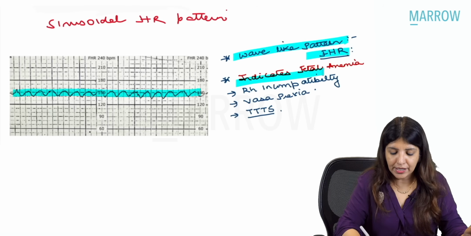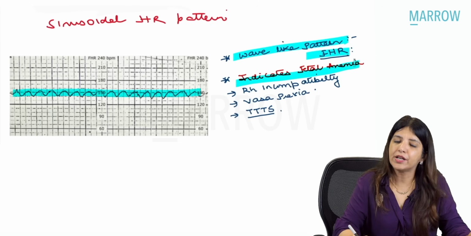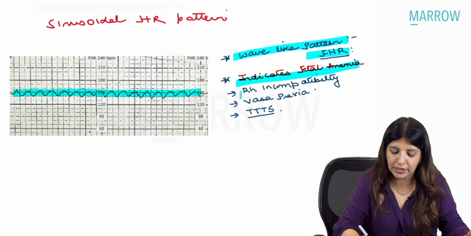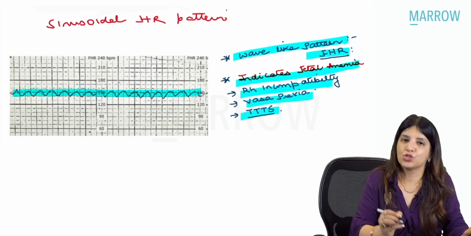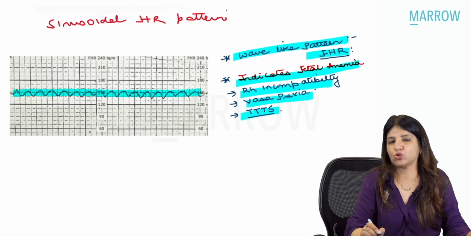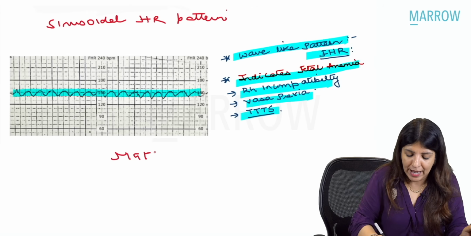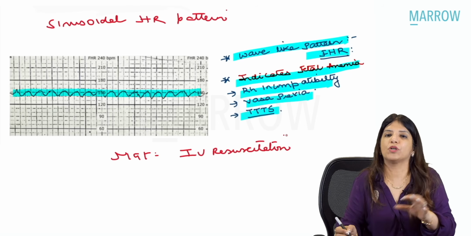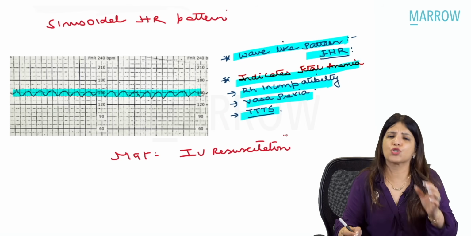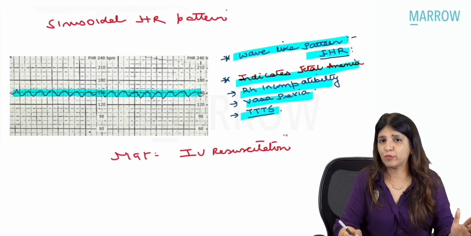And this indicates fetal anemia. Fetal anemia can be seen in RH incompatibility. It can be seen in vasa previa and in twin-to-twin transfusion syndrome. Whenever you are getting sinusoidal heart rate pattern, management is intrauterine resuscitation, where you are going to give oxygen to the mother by mask. You are going to shift her into left lateral position.